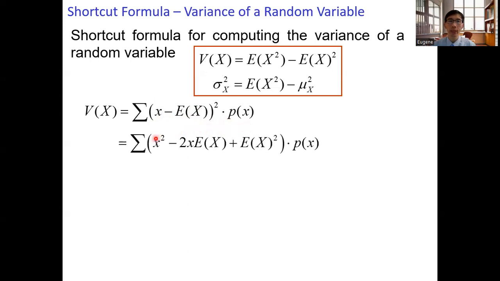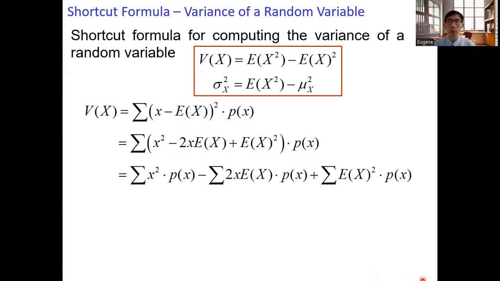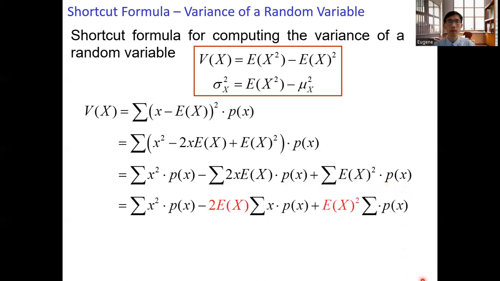Expand the square term, we get X squared minus 2X times E of X plus the square of E of X, times P of X. Expand it, we get three terms. The summation of X squared times P of X minus the summation of 2X times E of X times P of X plus the summation of the square of E of X times P of X. And then next, we factor out all the constants in the expression.